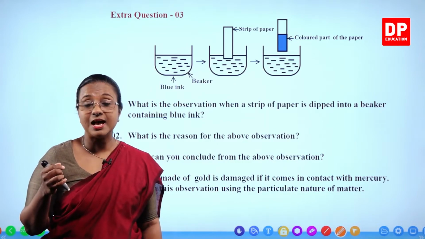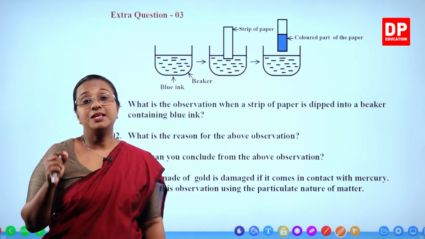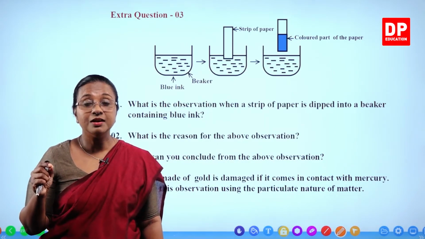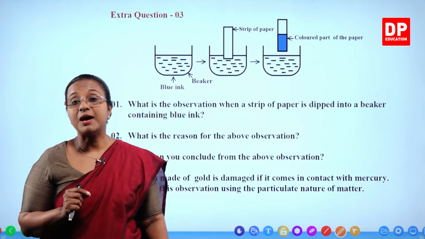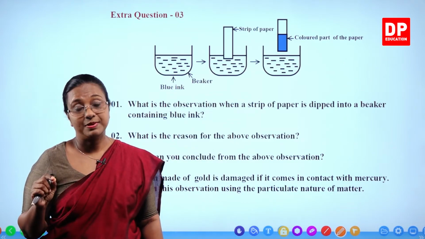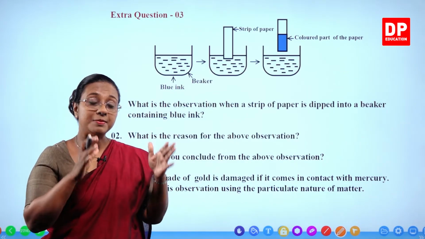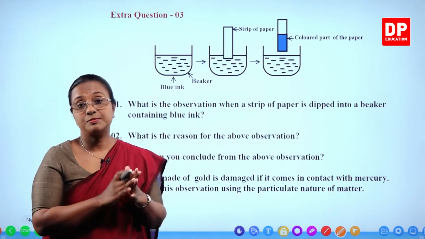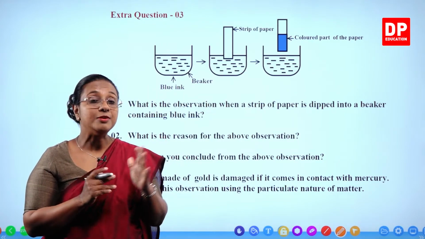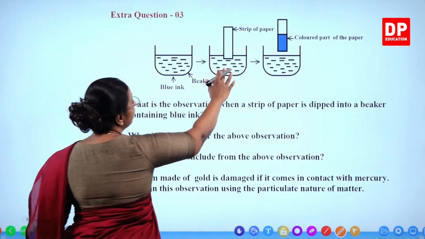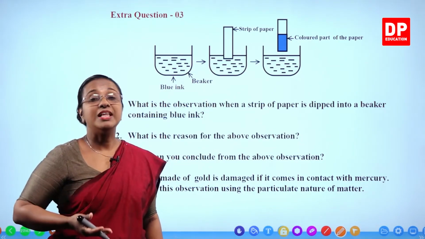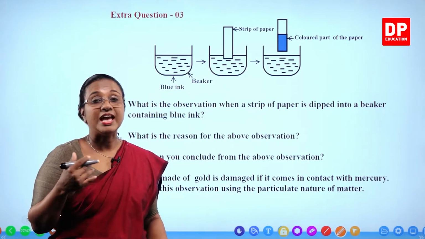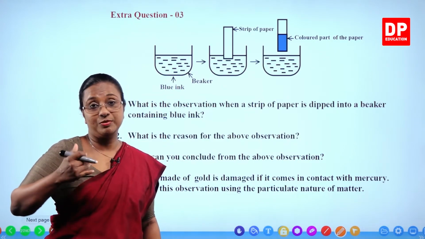What happens there? The liquid particles of blue ink move through the spaces present in the particles of paper. Paper is made up of particles with spaces in between, and through those spaces the blue ink particles are absorbed up, or sucked up, you can say.